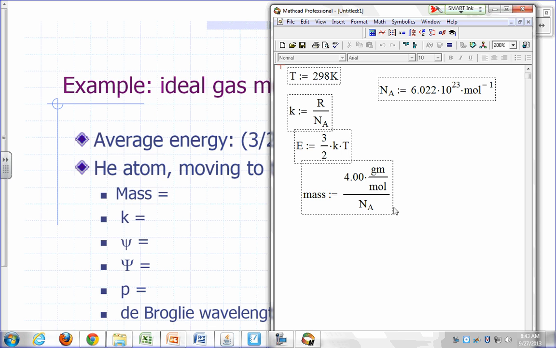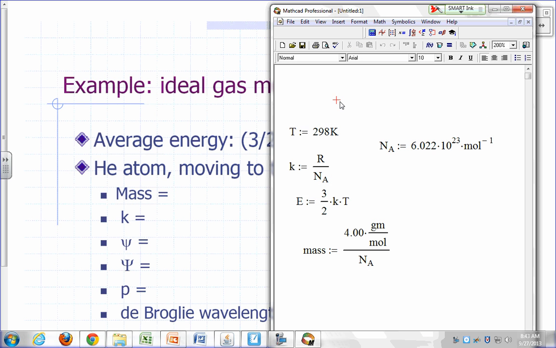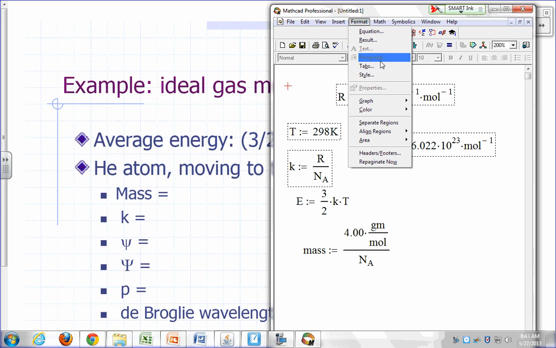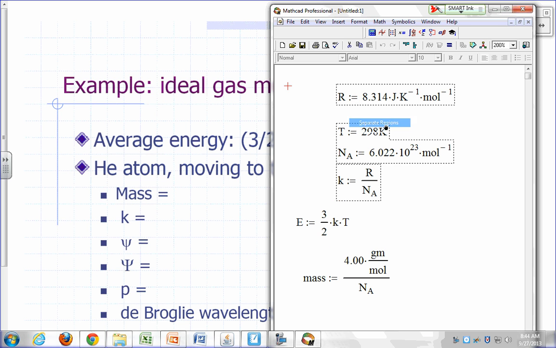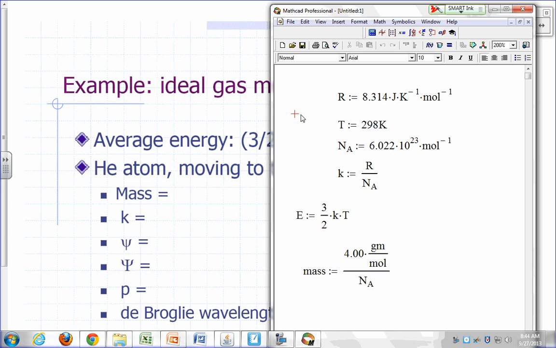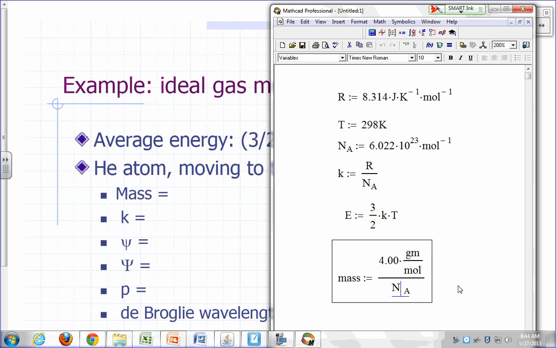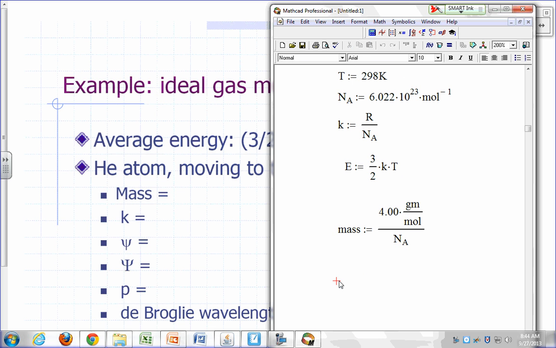Let me drag all of this down. R, the gas constant, is 8.314 joule per Kelvin per mole. So let me line these up. Okay. This is our mass. Let's just verify what that mass is.